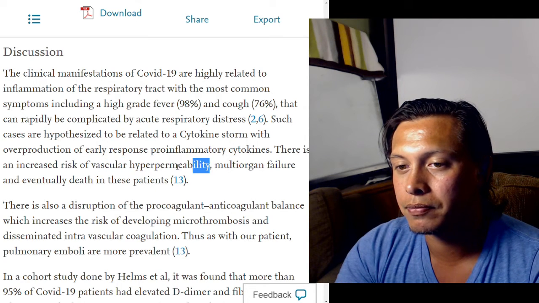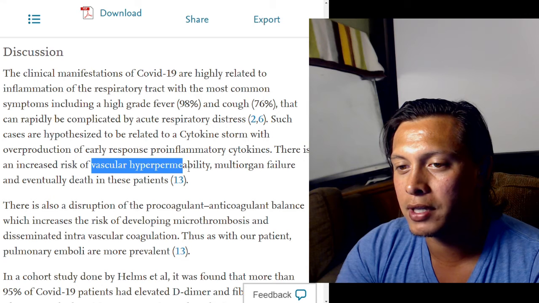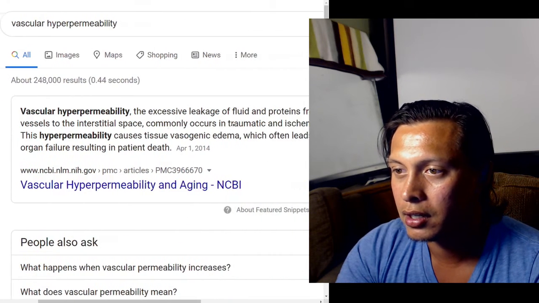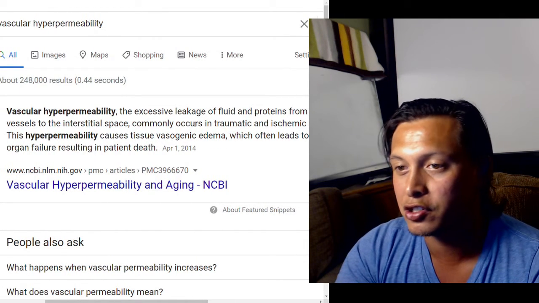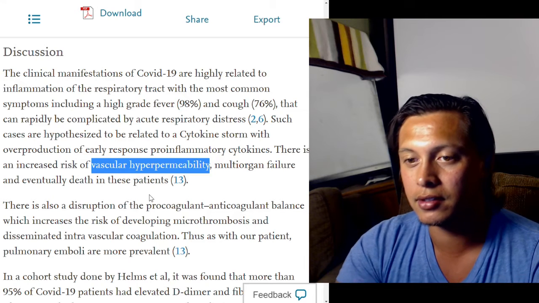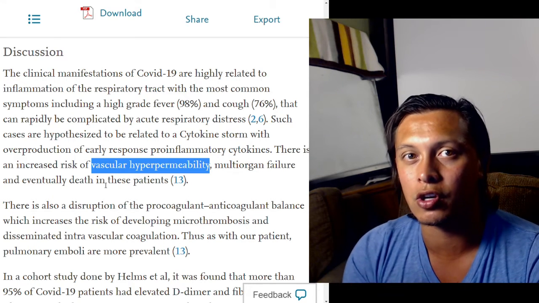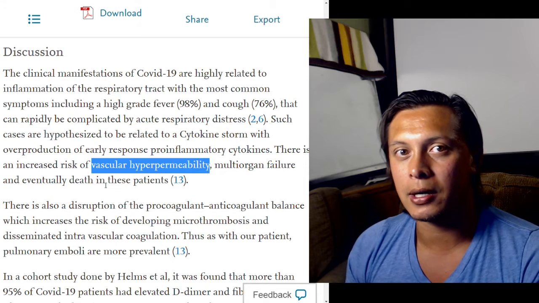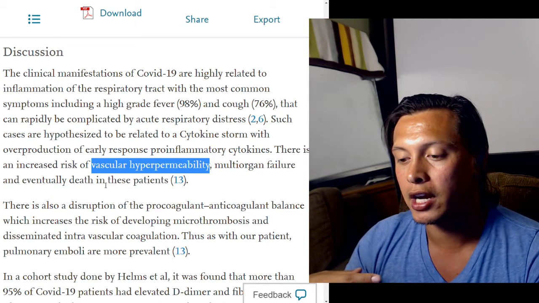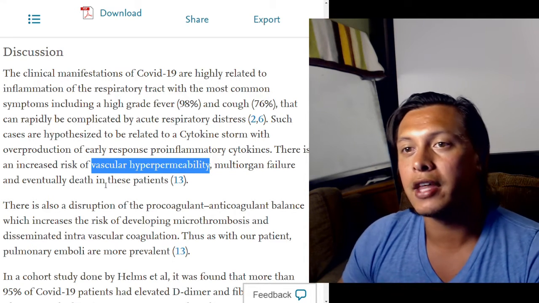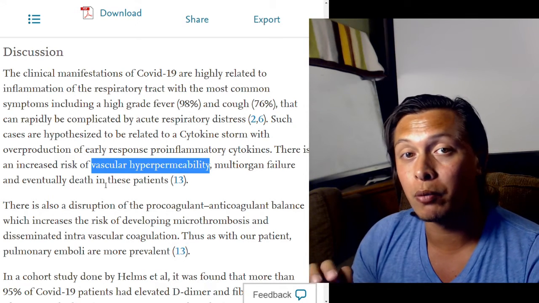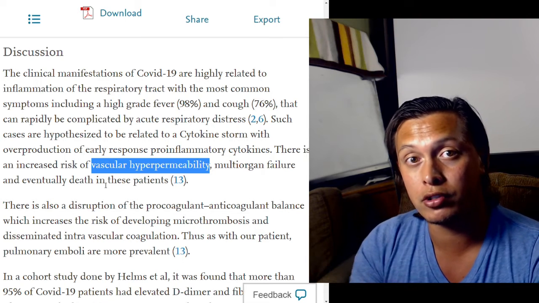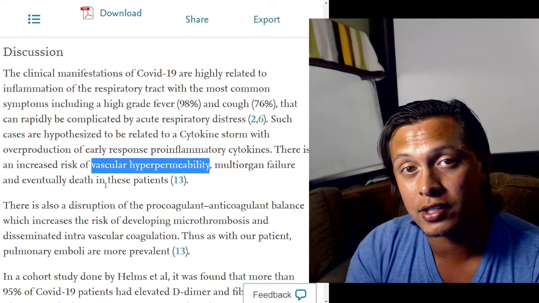So I'm assuming this is when your blood vessels are very leaky. Yeah, the excessive leakage of fluid and proteins from blood vessels into the interstitial space. So yeah, that is just highly leaky blood vessels. So some cytokines, and I should say there's a lot of cellular signaling that can make the blood vessels leakier, and it can be very beneficial for your immune system to try to squeeze through to attack a pathogen that's in your body.